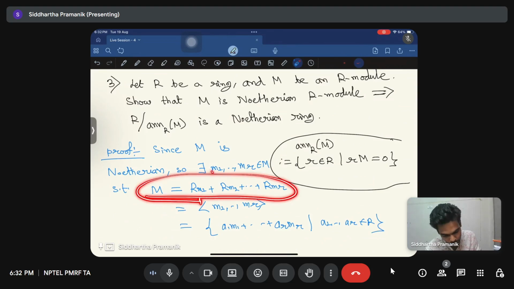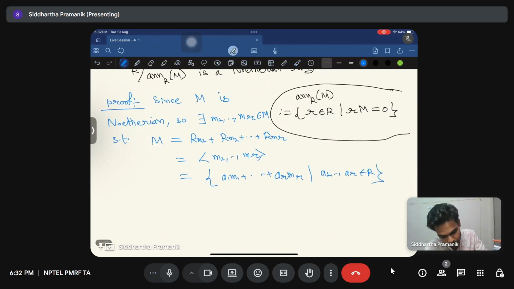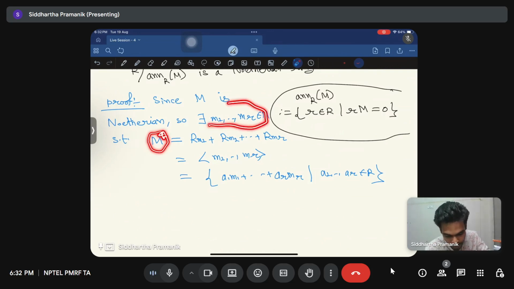So m1 up to mr is a generating set of M. So M can be written as this sum. Now let's use this fact. So that means every element of M can be written as an R linear combination of this m1 up to mr.